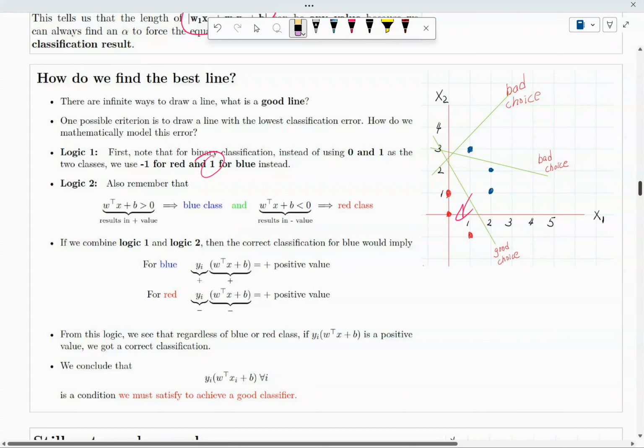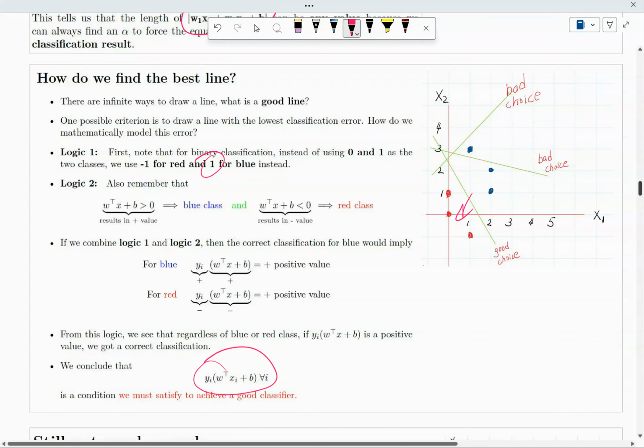From this logic, regardless of whether it's red or blue points, if this is positive, it means we got the correct classification. So we conclude that this is a condition. If this is greater than 0, it means that we did a good classifier.